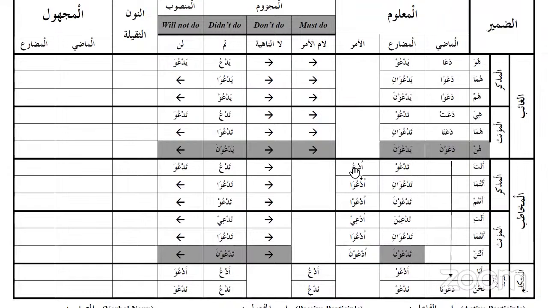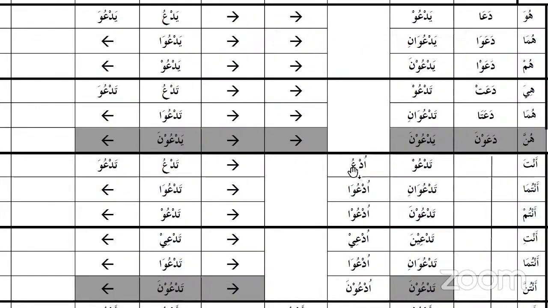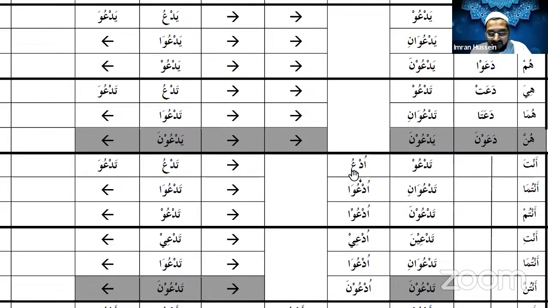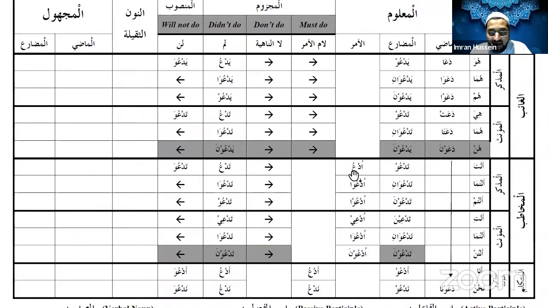Okay. So you can see here, it has a dhamma on the ayn itself. Now look at this. This is the technicality. This dhamma by itself in the command is indicating that the waw has been dropped, a letter which has been dropped after the ayn itself.